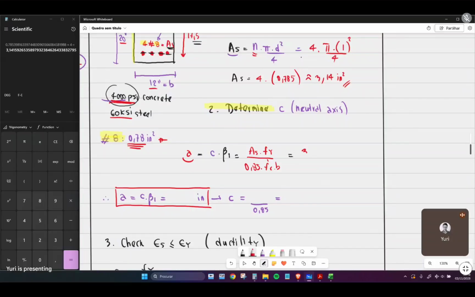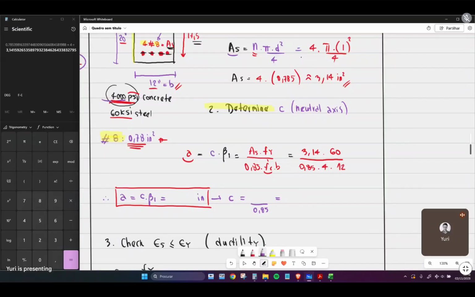The area of the reinforcements we already have. This is a 60 ksi steel still. Here, the f prime c is 4,000 psi, so in ksi it's just divided by 1,000. And then you have the width of the beam, which is 12 inches.